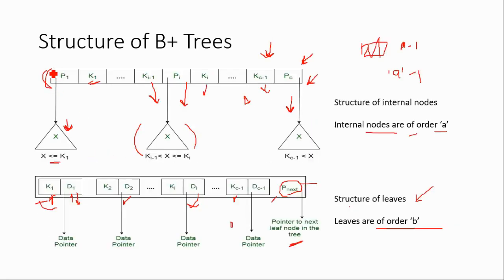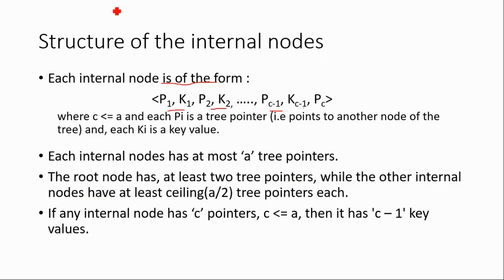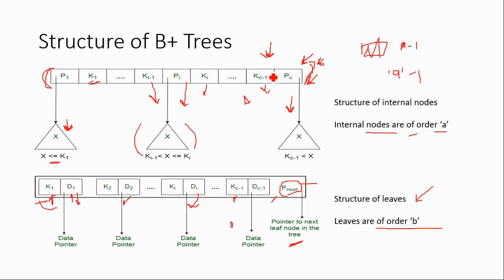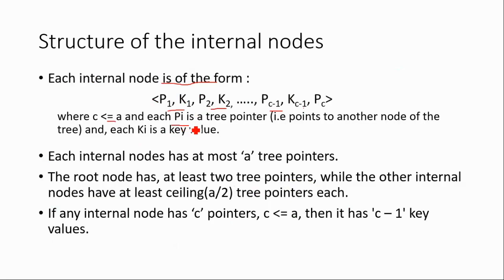This is just this structure, and it is similar to the B tree, but this is only for internal nodes. And c is less than or equal to A. C is a constant, and as we have said, it will vary from 1 up to A. And each Pi is a tree pointer, meaning a pointer to a subtree or child link, which we were discussing in the case of B trees.